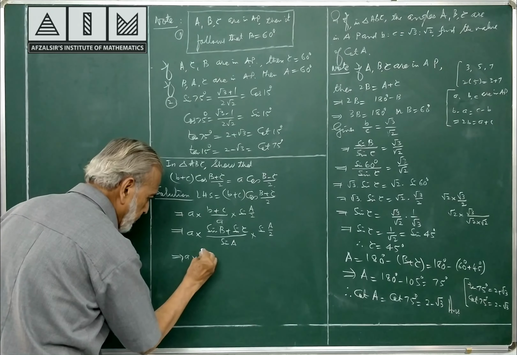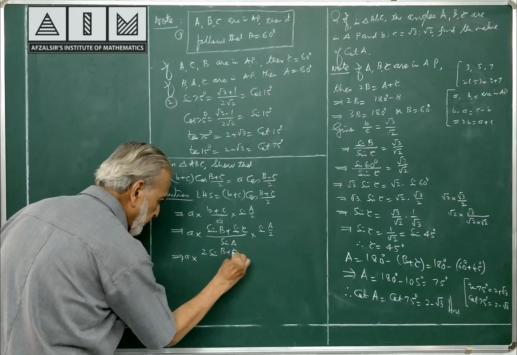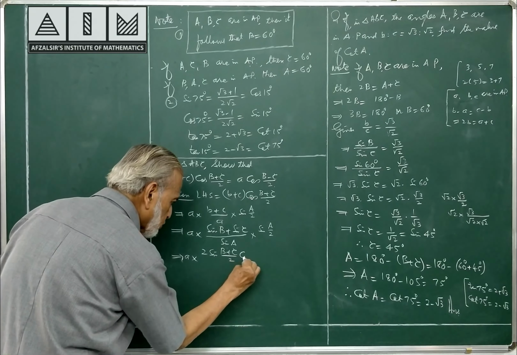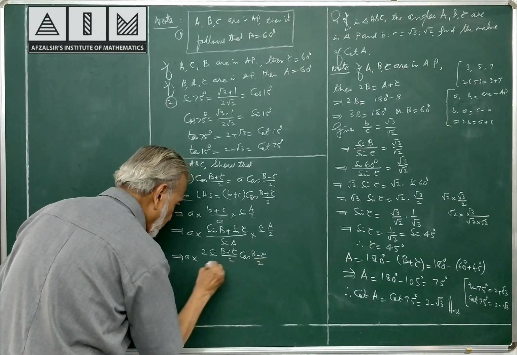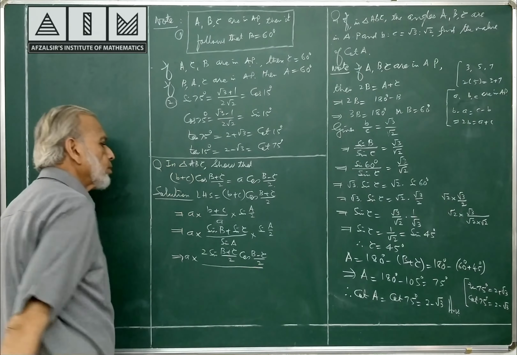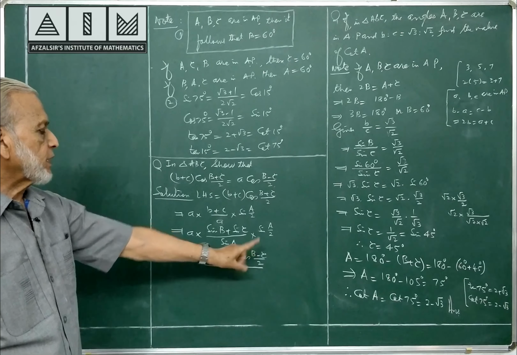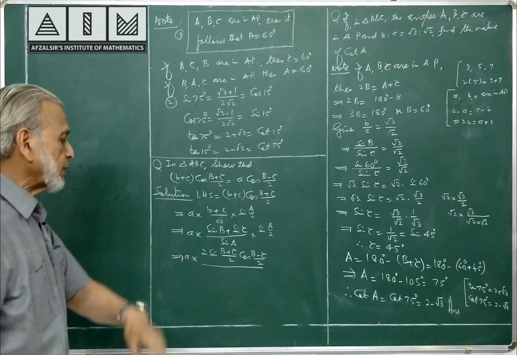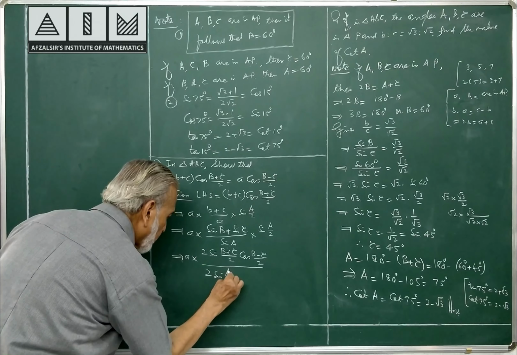Sin C plus sin D, there is a formula: 2 sin (C plus D by 2), that is sin (B plus C by 2) cos (B minus C by 2). Transformation formulae you are expected to know. Sin B plus sin C is 2 sin (B plus C by 2) cos (B minus C by 2), and sin A, multiple submultiple angles formulae, is 2 sin A by 2 cos A by 2.